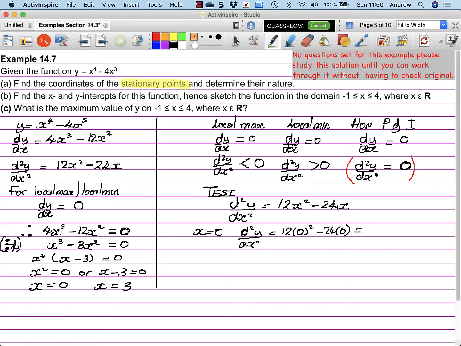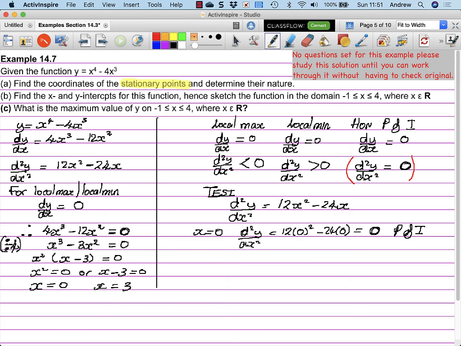And when we work that out, the answer is 0. And we can see from our formulas above that this is going to be a point of inflection. So x equals 0 is a point of inflection.